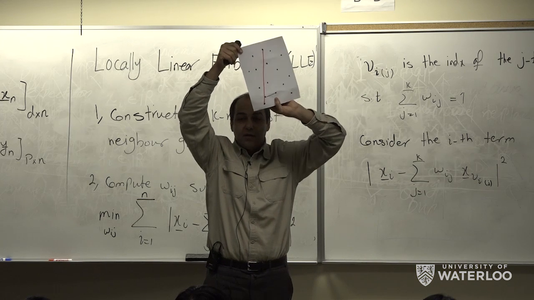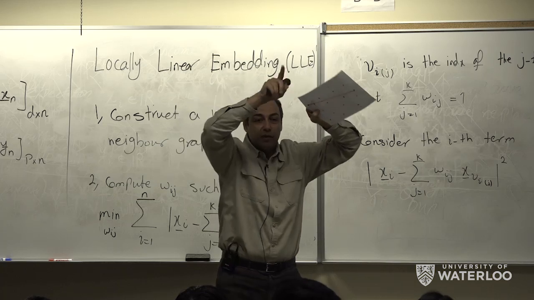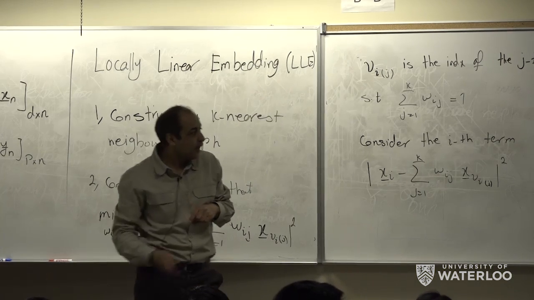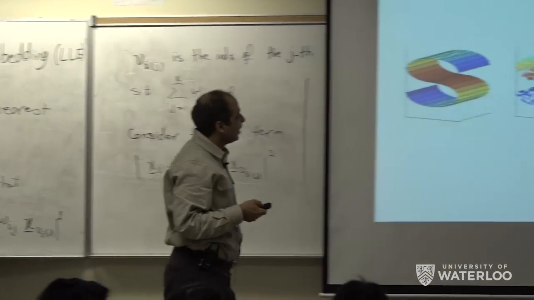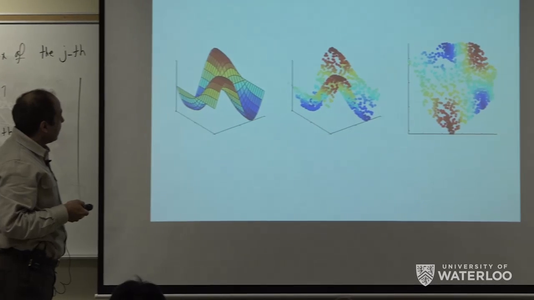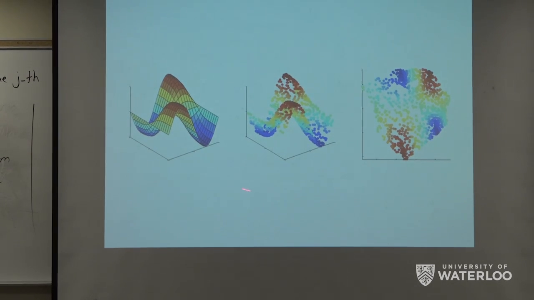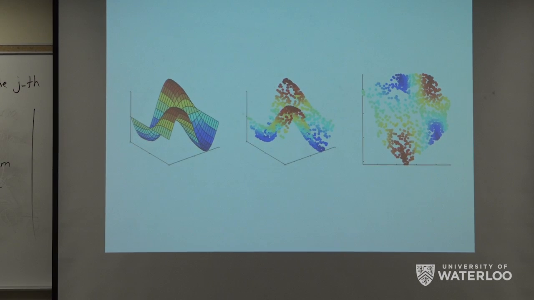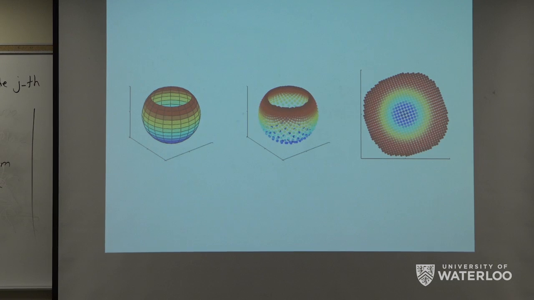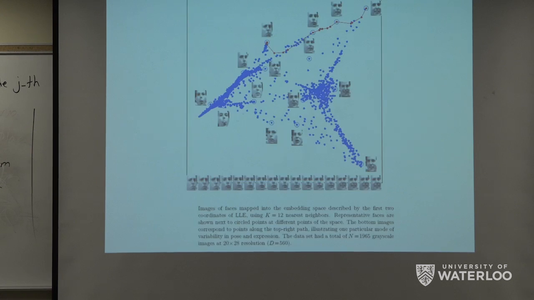It will be mapped to a square. And we'll see the reason for that later on.